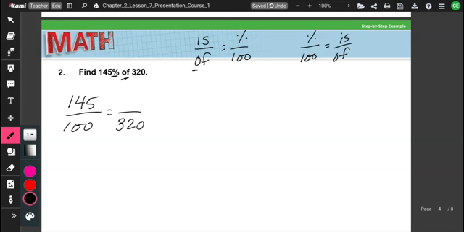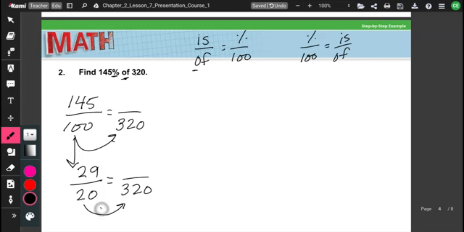Since you can't go from 100 to 320 right away, you need to simplify 145 over 100 first, and then you can multiply. So first I'm going to simplify this, which gives me 29 over 20. Now I can multiply to 320. 20 times 16 will give us 320.